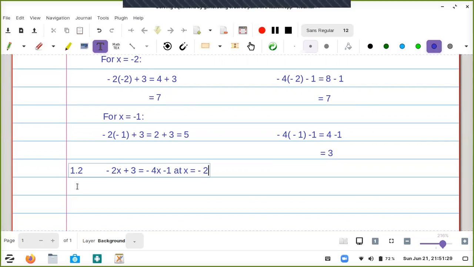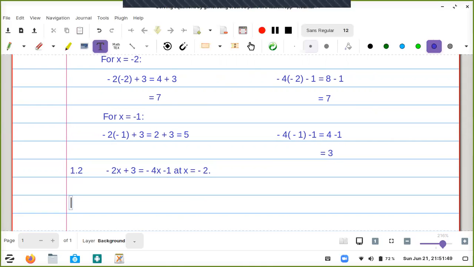So it means this is our answer, right? So -2x plus 3 equals -4x plus 1 at x equals -2, right? That's the value there. Then question 1.3.